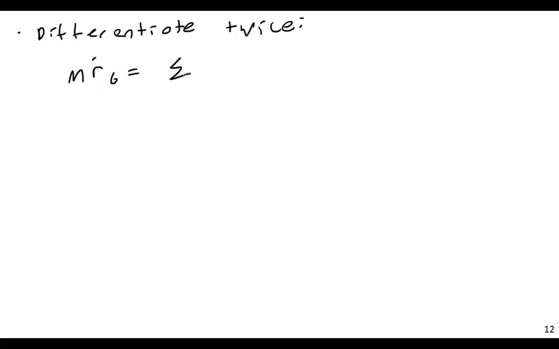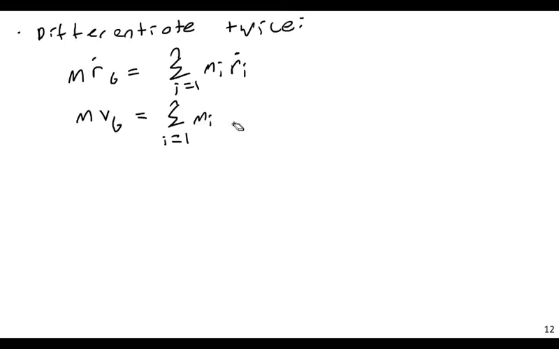So if I take that and then differentiate twice, the first derivative, I would get m r dot g is equal to the summation i equals 1 to n of mi ri dot. Then I could also say this is equal to m vg, because the time derivative of position is velocity, is equal to the summation, again, i equals 1 to n of mi vi.